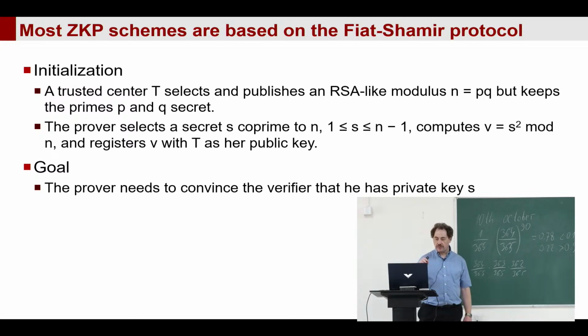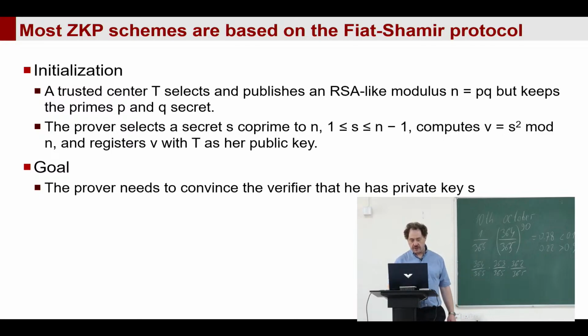The trusted center keeps the two prime numbers secret, but discloses their product. And we know that factoring numbers is a hard problem, so given n, it's difficult to find p and q. Now, the prover selects a secret value s, which is co-prime to n.